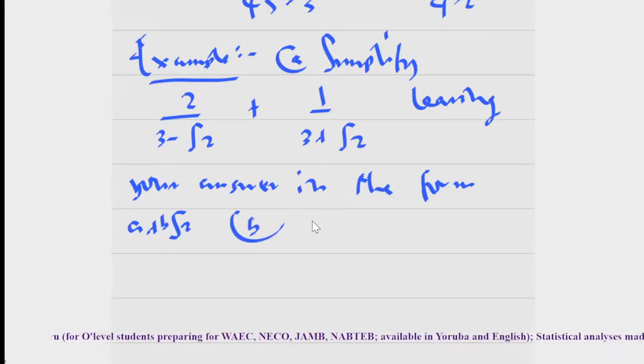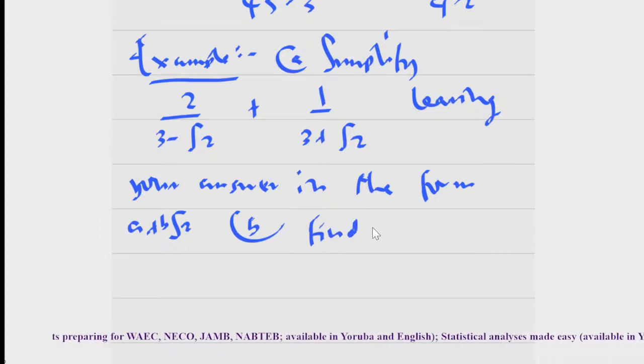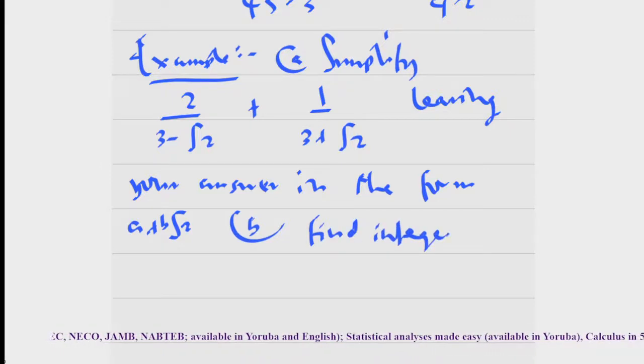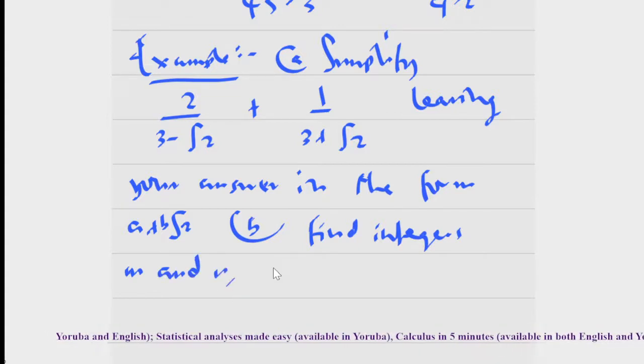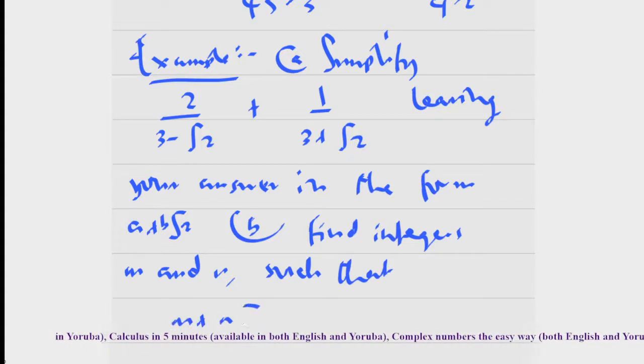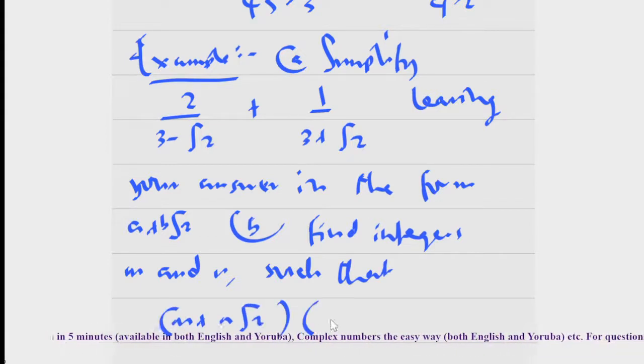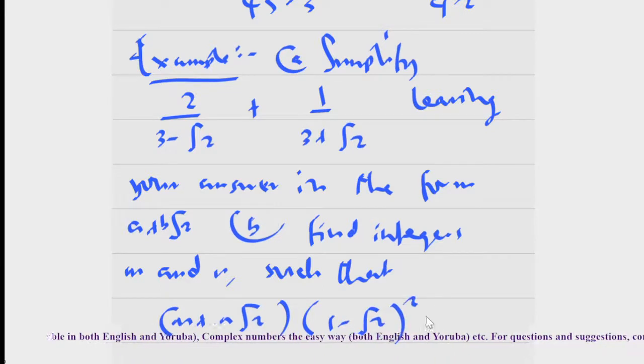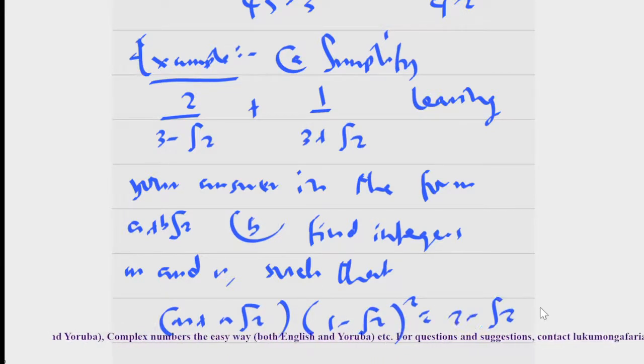And b, find integers m and n such that m plus root 2 times 1 minus root 2 squared is equal to 2 minus root 2.